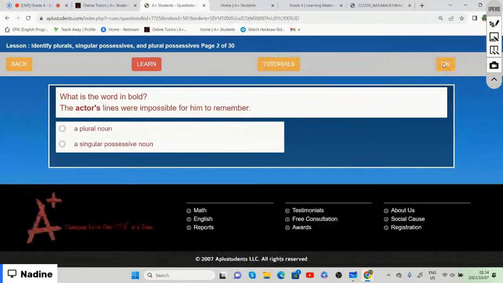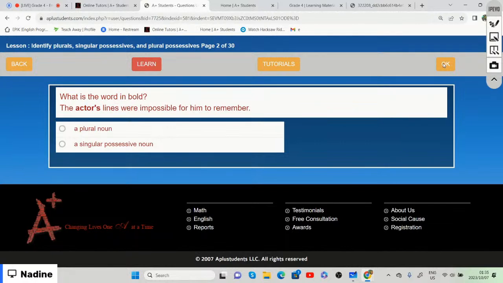We need to choose the word in bold. What is the word in bold? The actress's lines were impossible for him to remember. So actress's, it has an apostrophe S. Is that a plural noun or a singular possessive noun?